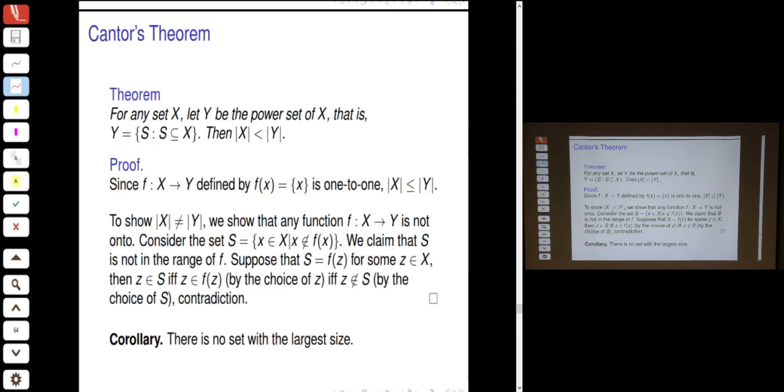So now z is in here, so z must have this property. So z is in S.